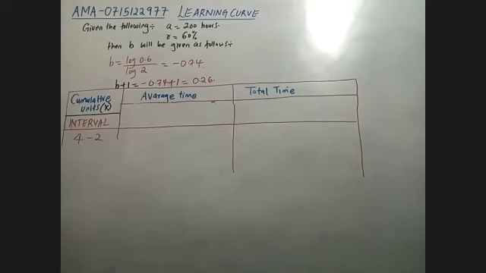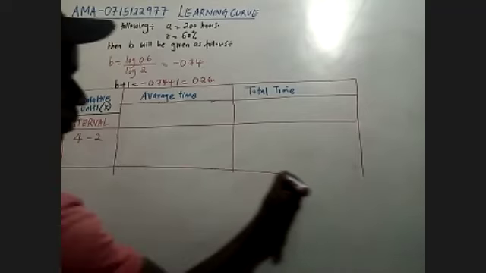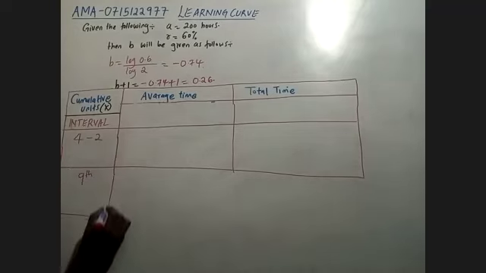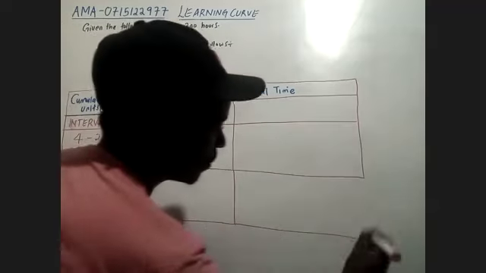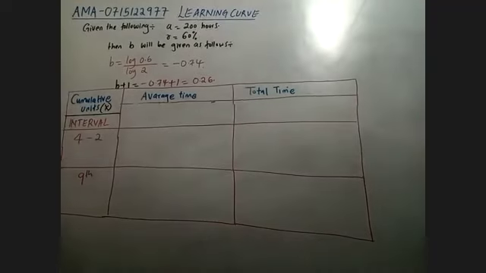And what would be the total time between an interval of 4 and 2? And also, let's say for the 9th, what would be the time interval for the 9th period? So let's try for that one.